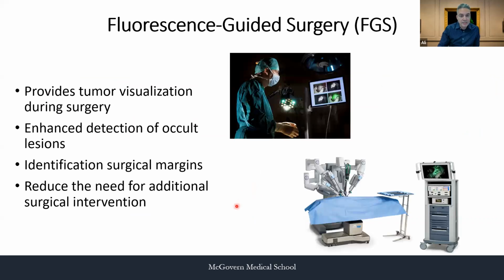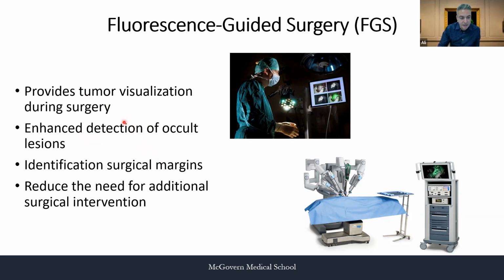So this really led to the interest in developing the specialty known as fluorescence-guided surgery, or FGS. As the term describes, you can use this type of technique to provide tumor visualization in the OR. This is a direct readout that surgeons can get while operating on a patient. The opportunities here are better detection of hard to find lesions, or identification of surgical margins.